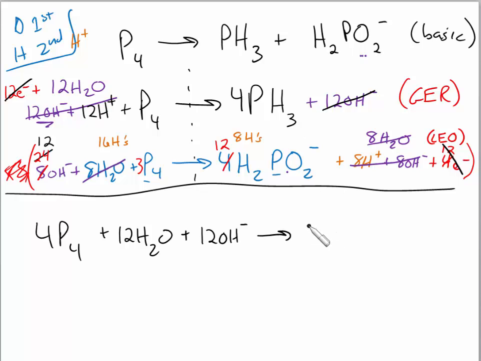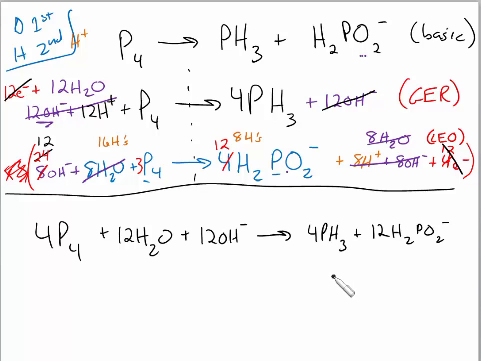Again, sometimes it gets messy, so just make sure you add everything else up correctly. That's PH3 plus our 12 ions, and that's the only thing over here, 12 H2PO2 negative. Yeah, there's nothing else. Everything else canceled out here, so it's nice and clean on this side.